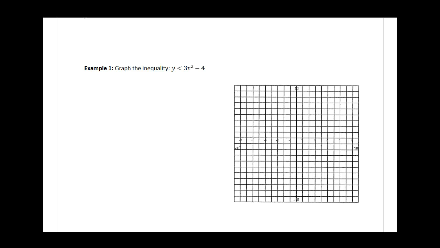Graph the inequality y is less than 3x squared minus 4. First of all, I noticed that this is in standard form, and hence we can go ahead and graph that accurately. For now, when we graph it, I want you to ignore the inequality. So let's look at y is equal to 3x squared minus 4 and graph it.